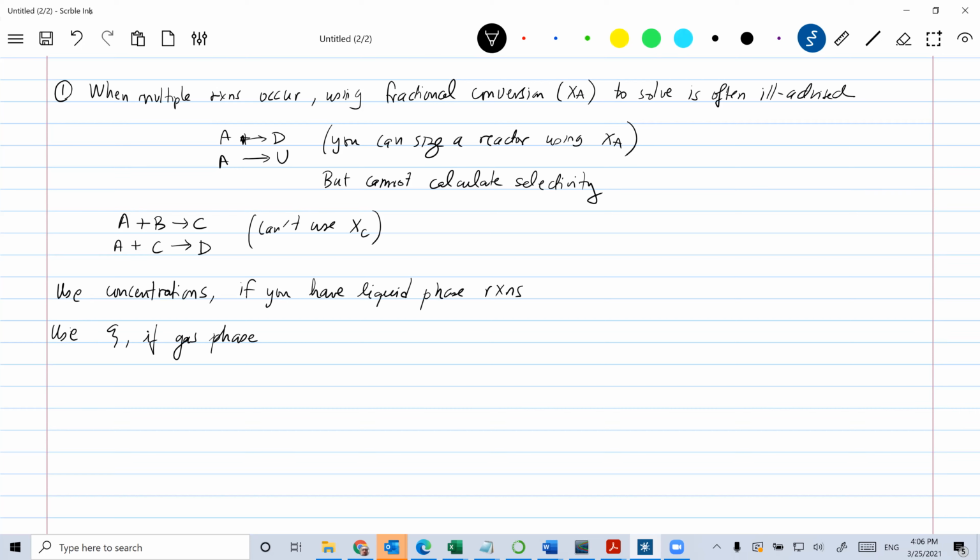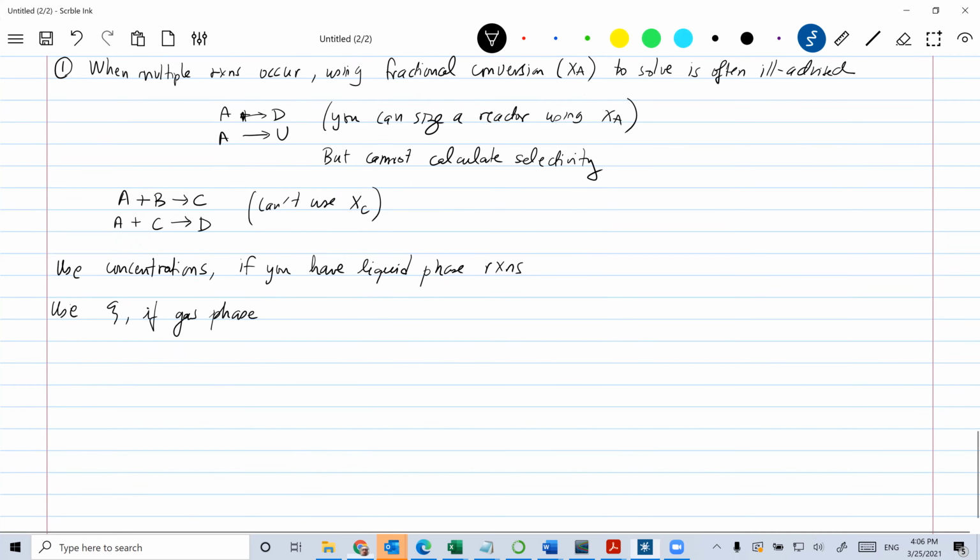That's not really a problem, but it's preferable if you use the extent of reaction. Then you can use it to calculate all the moles coming out, as we did in this example, where we calculated FA, FB, FC, and FD using the extent of reactions. That's easier to do in the back end than to do things directly in terms of flow rates.